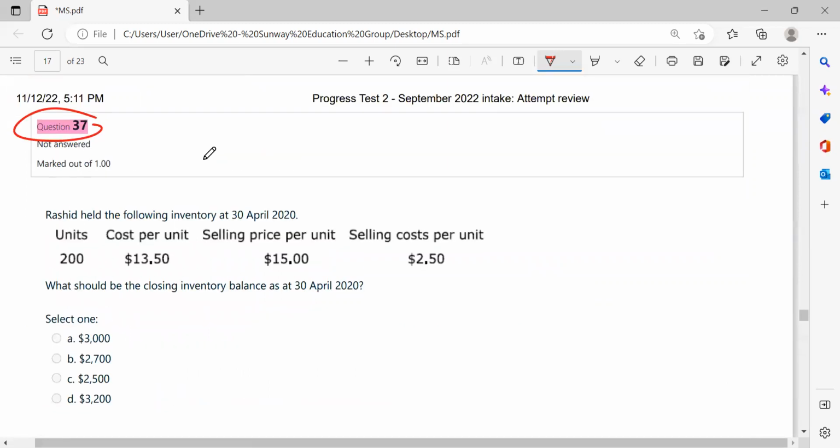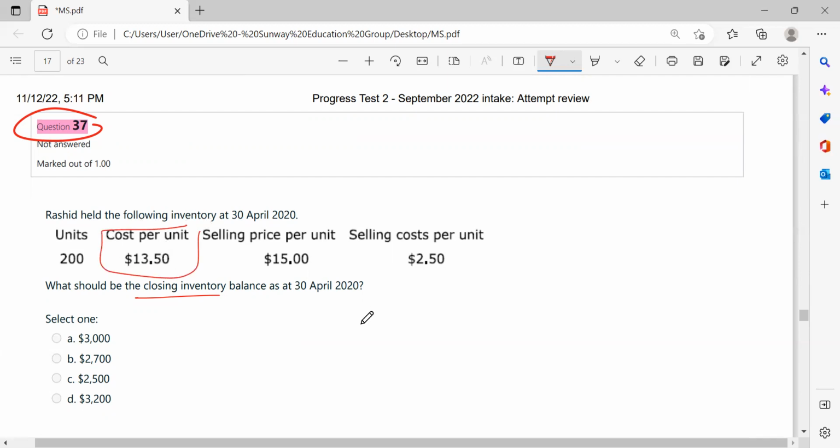Moving on to question 37. This is a very simple question and I got a shock that more than half of you got it wrong. Rashid held the inventory at 30th April 2020. What should be the closing inventory balance? Again, there's only one method: compare cost and NRV and take whichever is lower. Cost is 13.5 already.